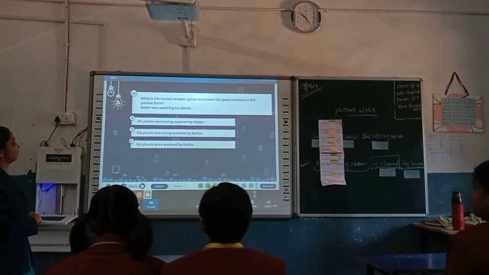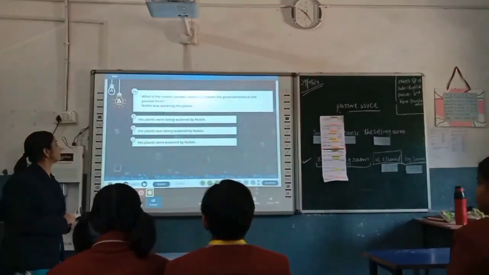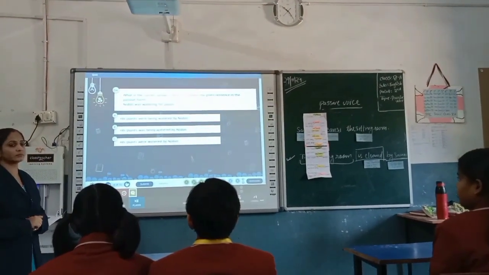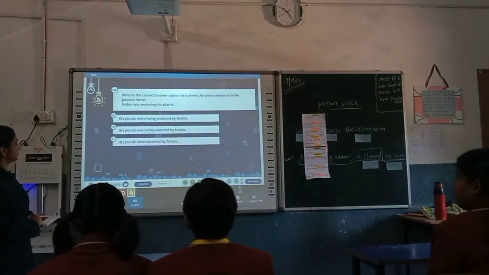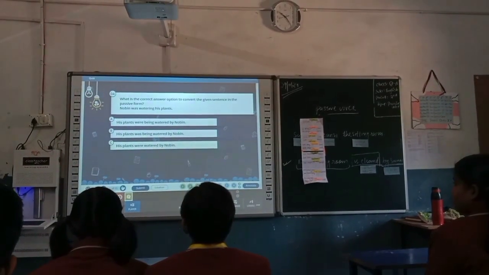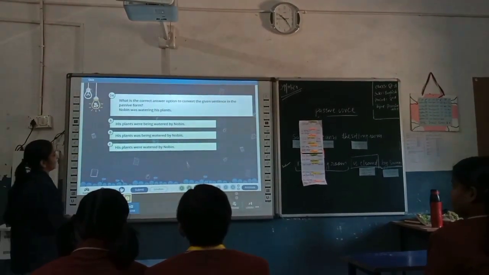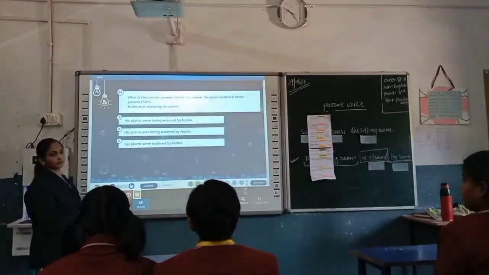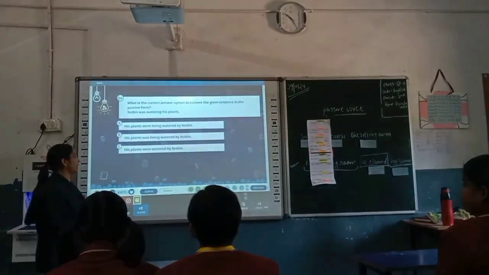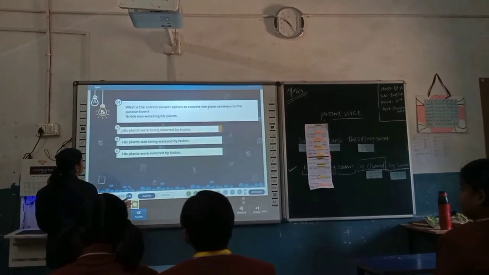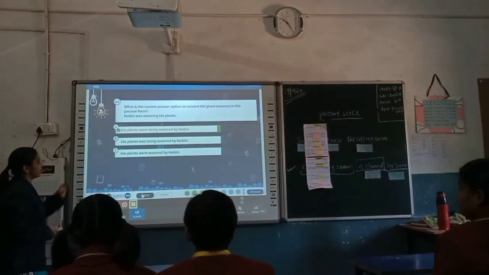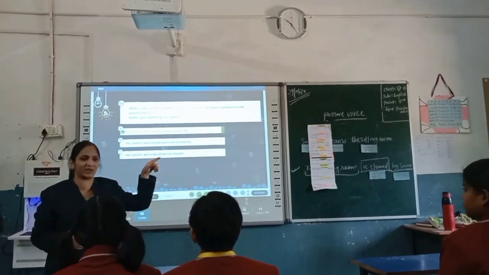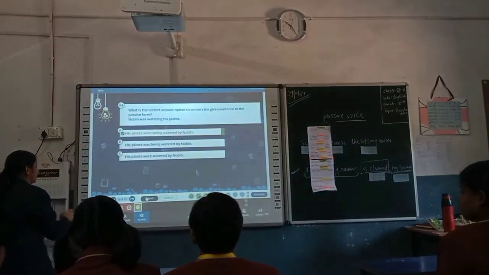Convert the given sentence in the passive form. A. Because plants is given, no? Plants is wrong. Plants there, according to subject agreement.